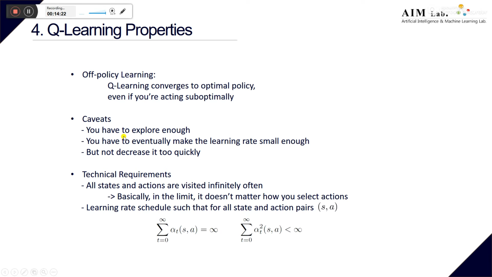From the first caveat, explore enough, because if you don't visit all the states, you cannot get the global optimum. And the learning rate schedule means alpha_t such that, for all state and action pairs, the conditions are the following.